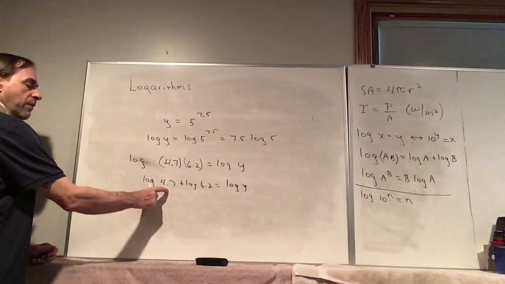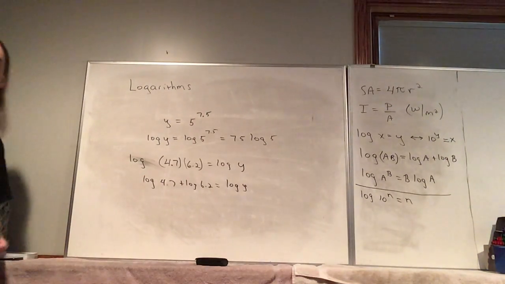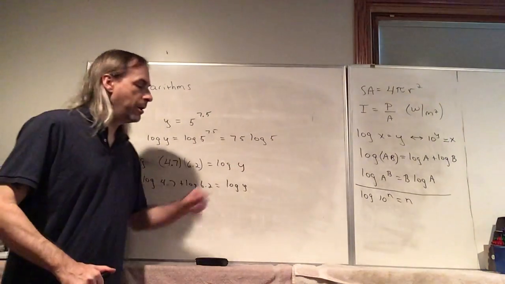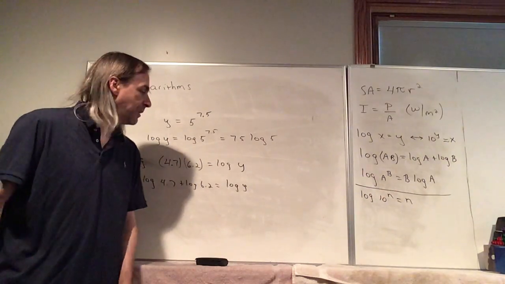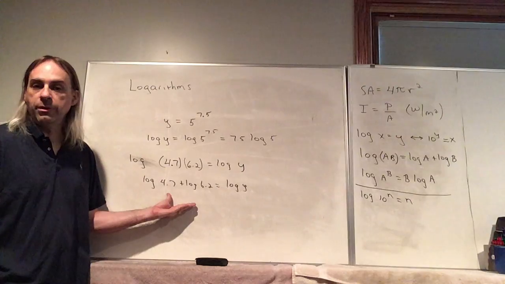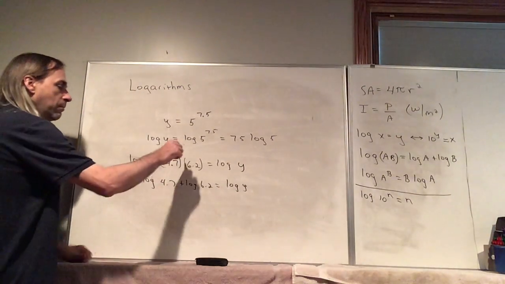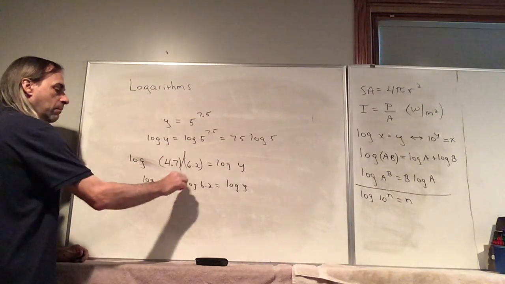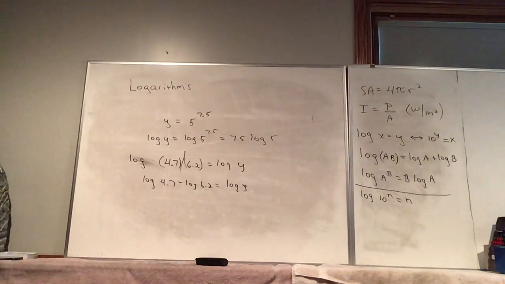So we look up log of 4.7, log of 6.2, add it up, and then we know the logarithm of y. So we've turned multiplication into addition. And if we had division, same thing. We turn division into subtraction.